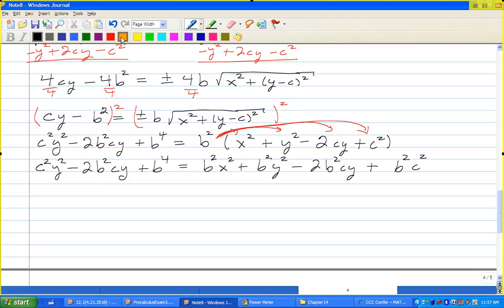Let me subtract c squared y squared from both sides of my equation. Add 2b squared cy to both sides of my equation. Subtract b squared c squared from both sides of my equation.